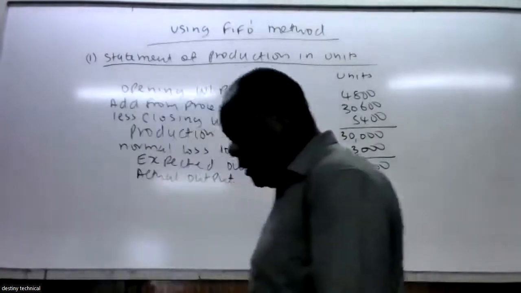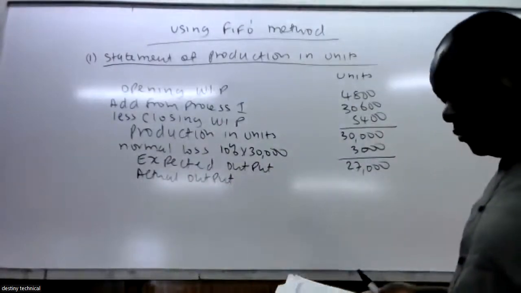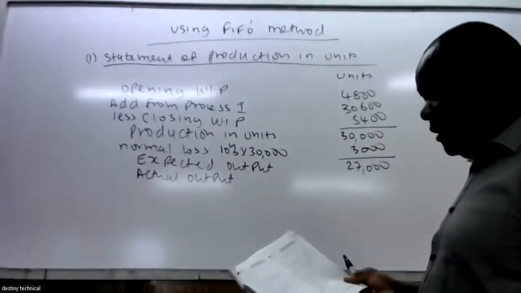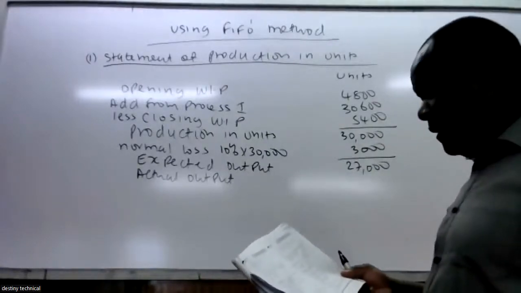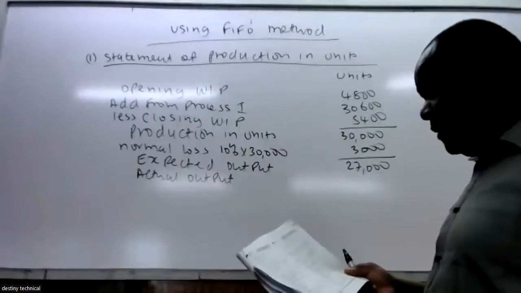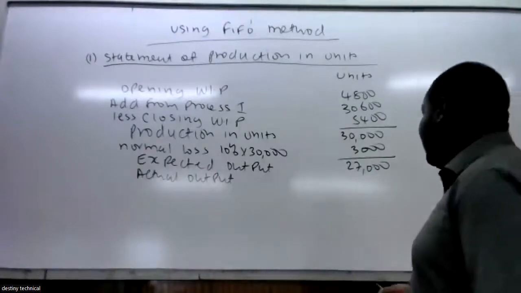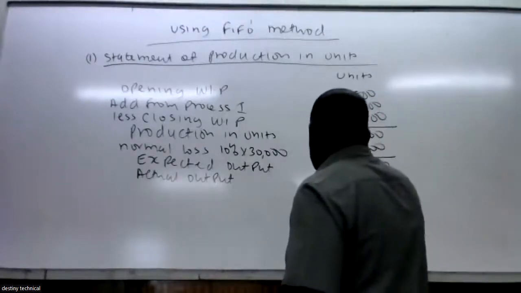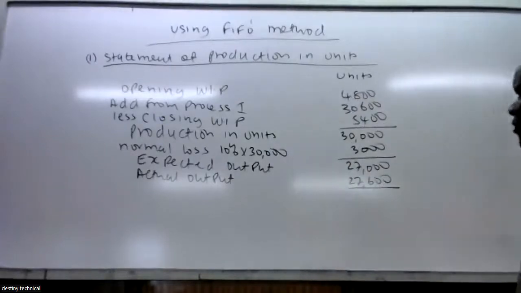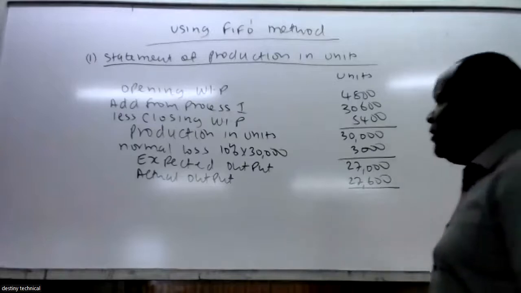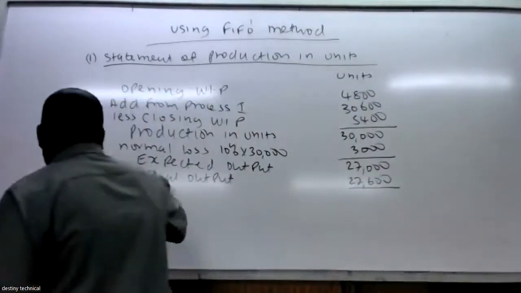For the actual output, in note number 5 they had said that transfer to process 3 amounted to 27,600. So actual output is more, and this gives you abnormal gain.